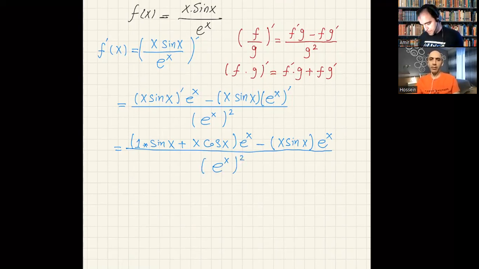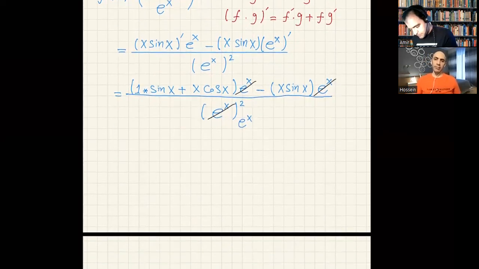You can simplify that, so e to the 2x. I can cancel out e to the x in the numerator and in the denominator; for the denominator, you just get rid of one of the powers, so the power reduces to 1. That's correct.